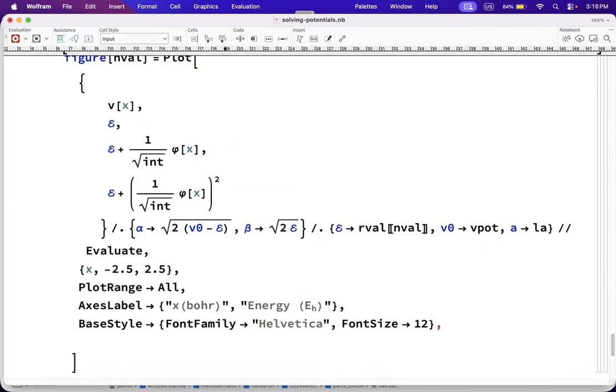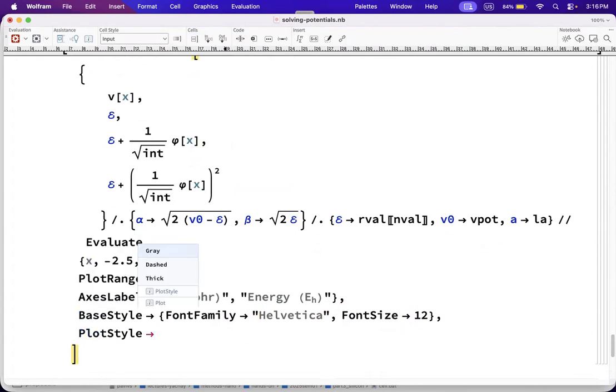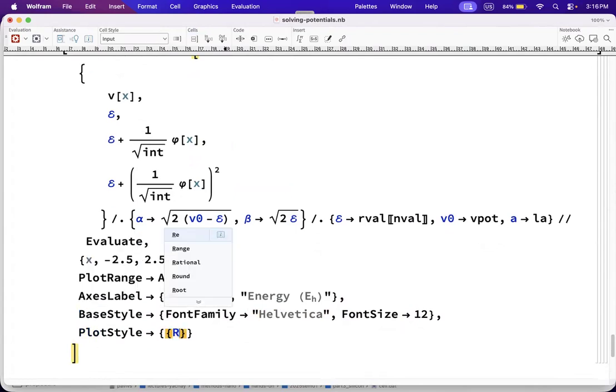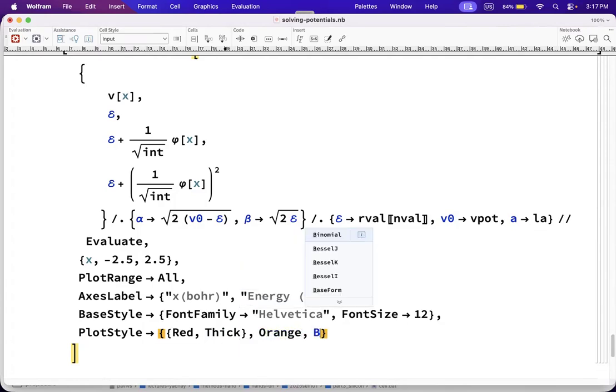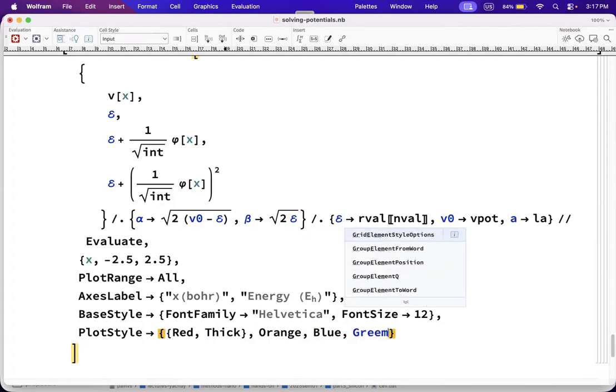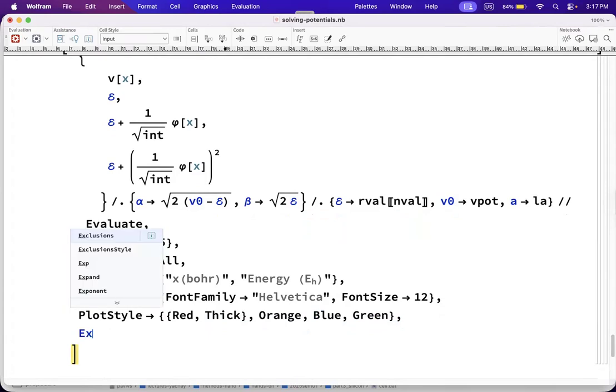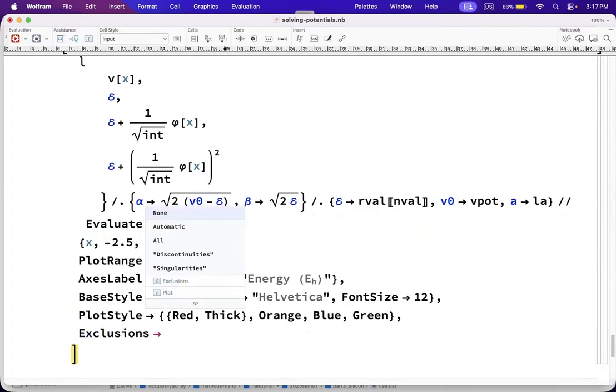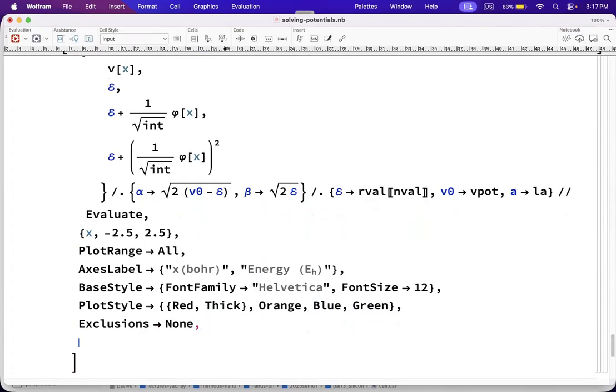Comma, plot style. I'm going to put it like this. Red, so the potential will be red. Okay, that would be the color of potential. The energy will be orange. The wave function in blue and the probability density in green. So, comma, exclusions, none, comma.